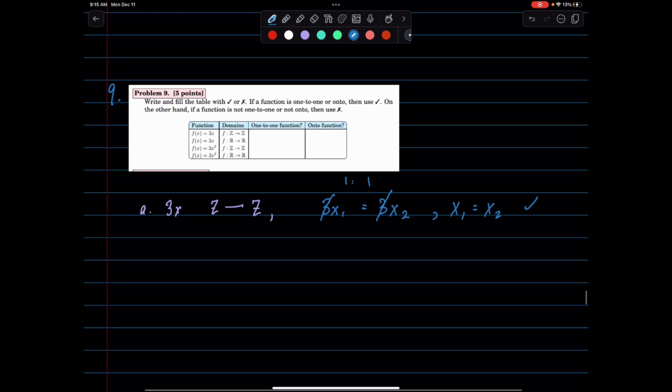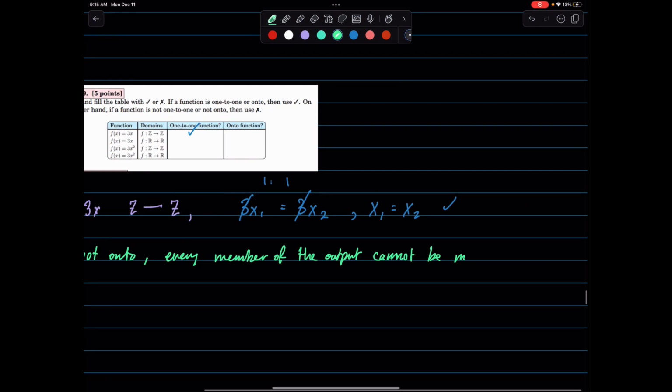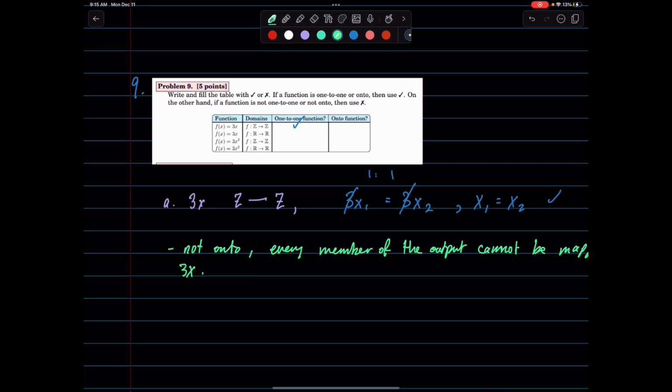This is one-to-one, but this is not onto. This is not onto because every member of the output set cannot be mapped. Meaning, for this function, we can never get 1. 1 will never be mapped.